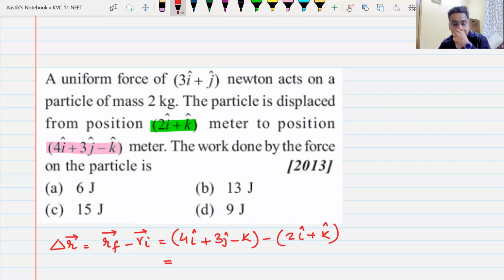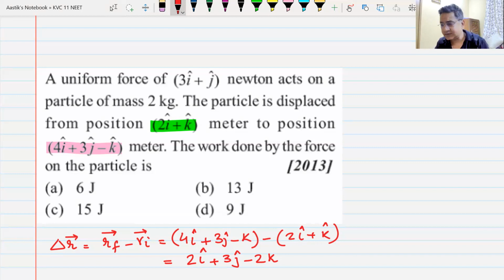From i you subtract i, from j you subtract j, from k you subtract k. So what will you get when you subtract? 4i minus 2i becomes 2i, 3j, there is no j on that side, so it remains 3j, minus k minus k becomes minus 2k. So this is my displacement of the particle. This is how you have to find out the displacement if the initial and the final position is given to you. Do we understand this? Yes or no?